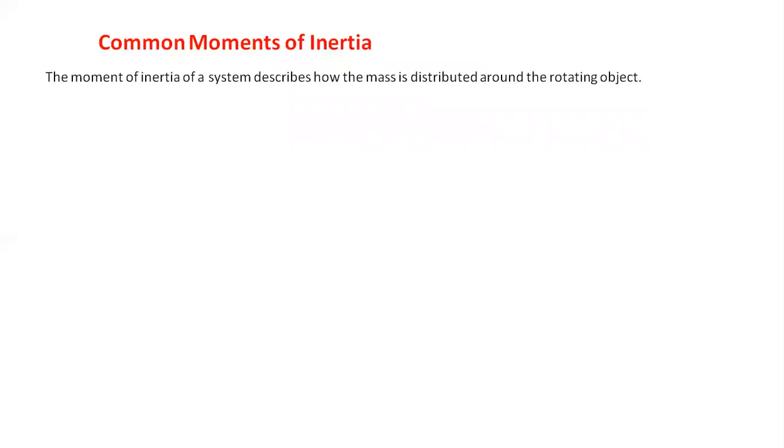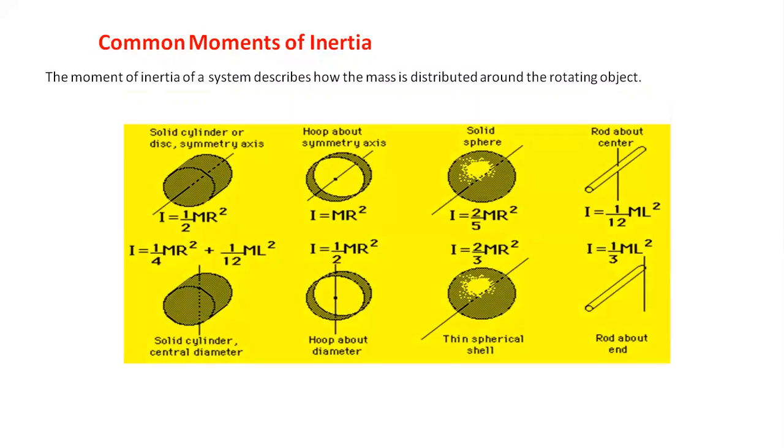Common moment of inertia: the moment of inertia of a system describes how mass is distributed around the rotating object. Here we have different objects like a solid cylinder or disk, with the axis through its center. We have the equation for moment of inertia I is equal to half mr square.